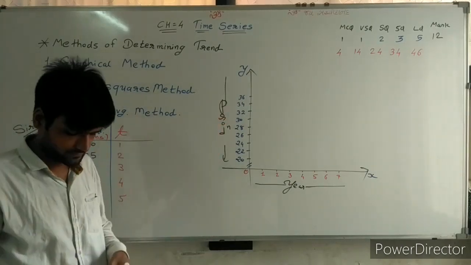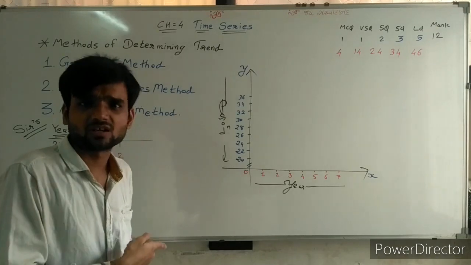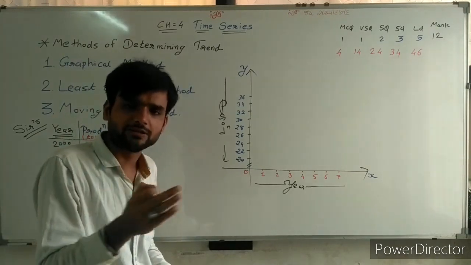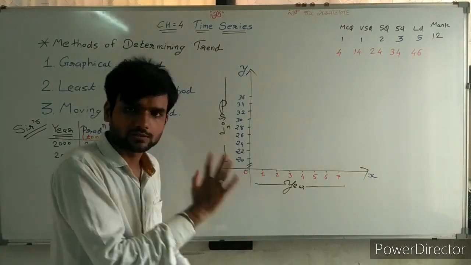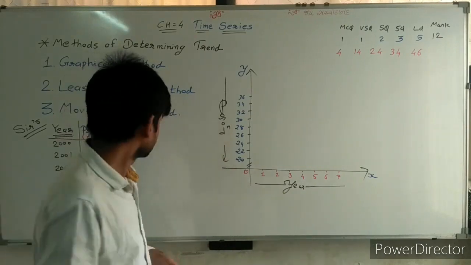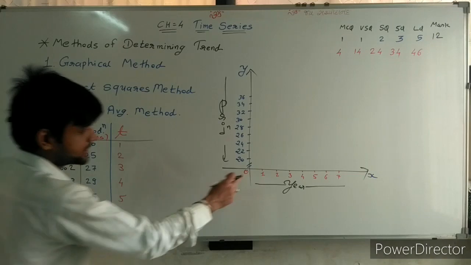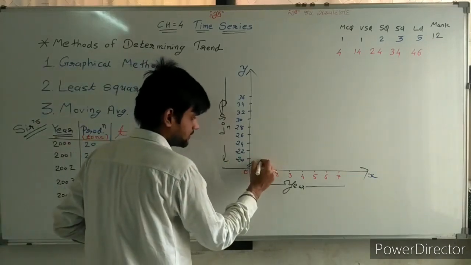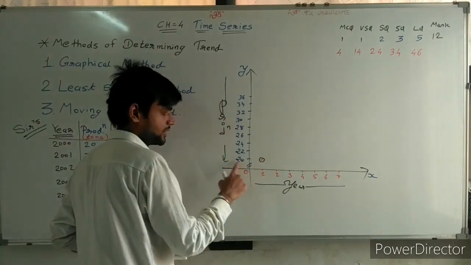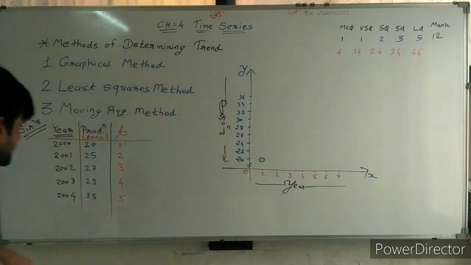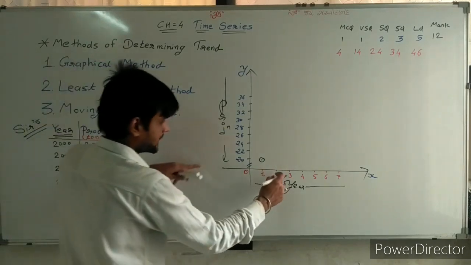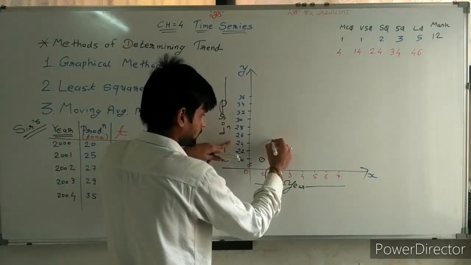Okay, no problem, sir. This is the second chapter, that's why I am not explaining in detail. This is the easiest one to understand. Going ahead. Sir, first year 20. Second year 25.